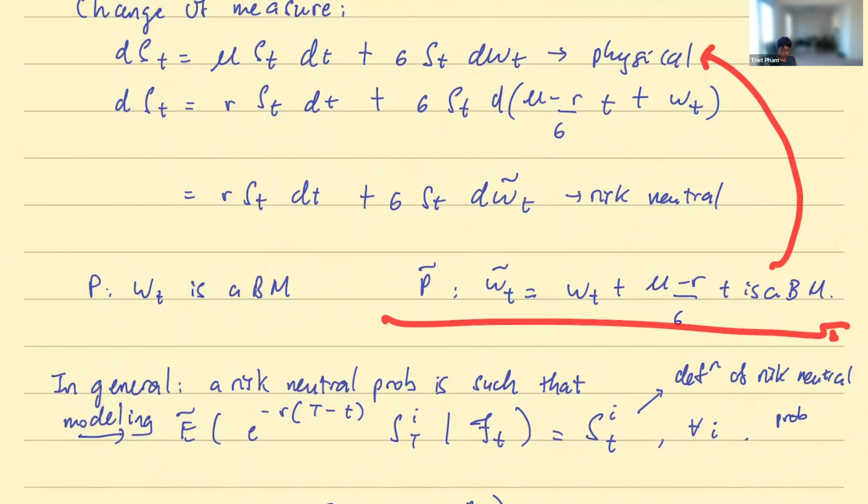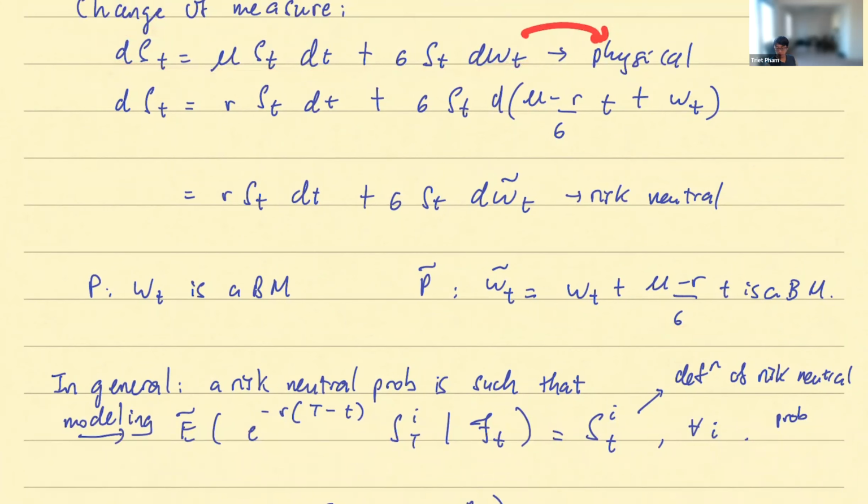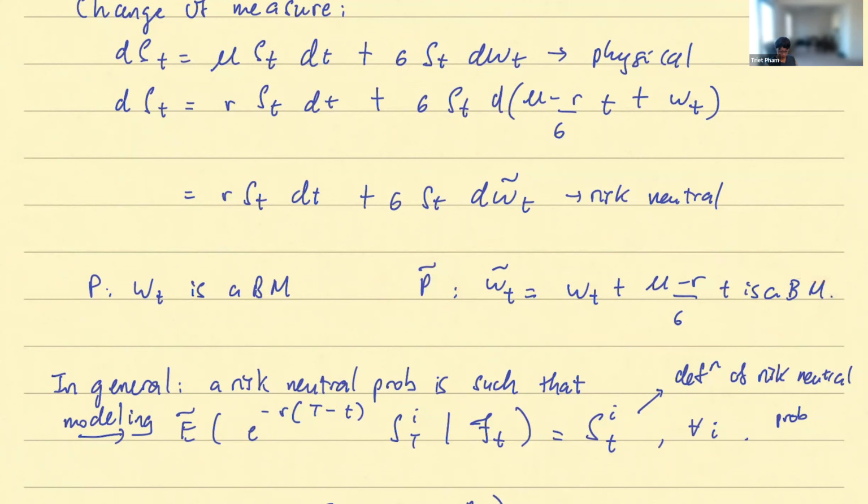If you improve on this model to include, let's say, two Brownian motions, or a Poisson process, or changing volatility like a Heston model, then of course P tilde requires much more than this.